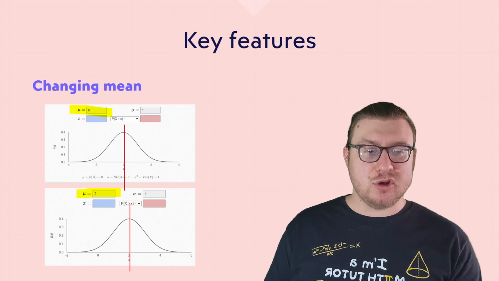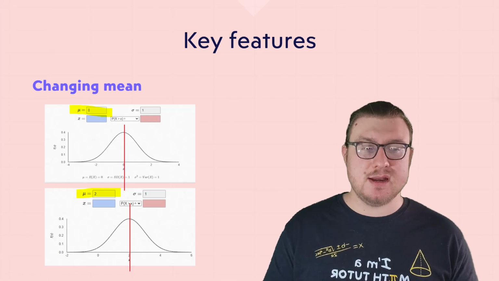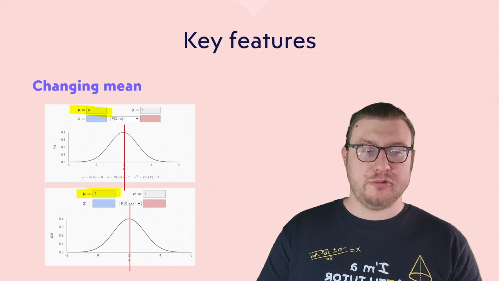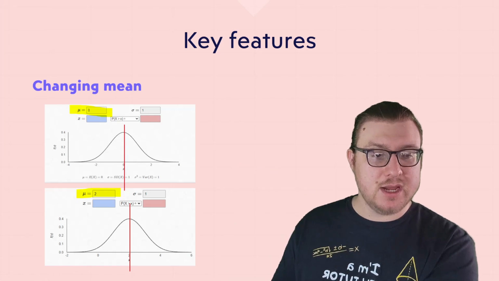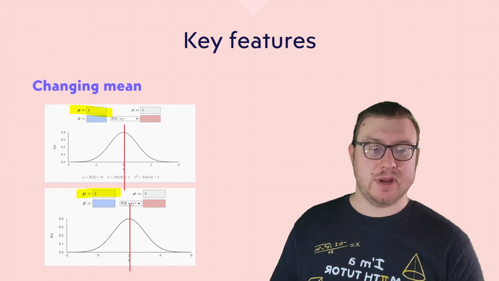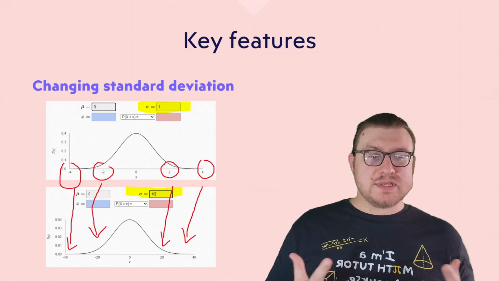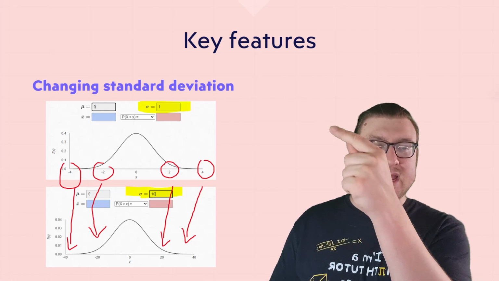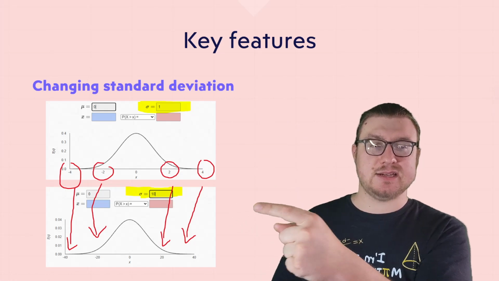So if we have a look here, just a quick reminder, if we change the mean, that means the center of symmetry will be moved. It's maybe a little bit unclear, but here we have 0 in the middle, and here we have 2 in the middle. So what happens with the standard deviation? If we look at this graph here, we can see one of them has a low standard deviation and one of them has a high standard deviation.